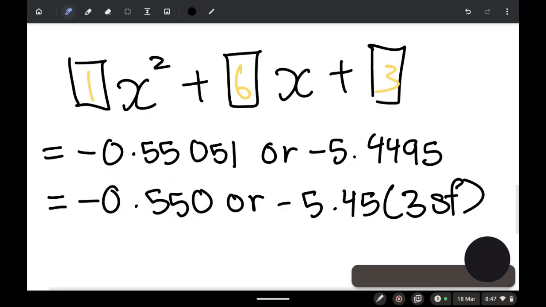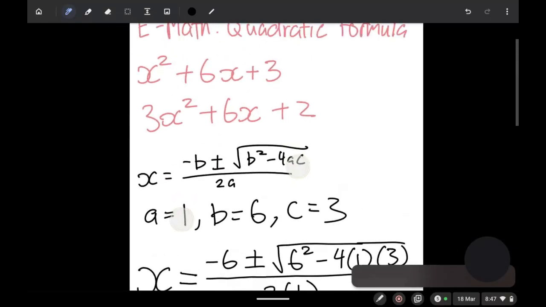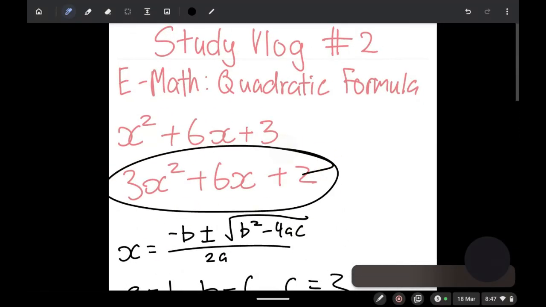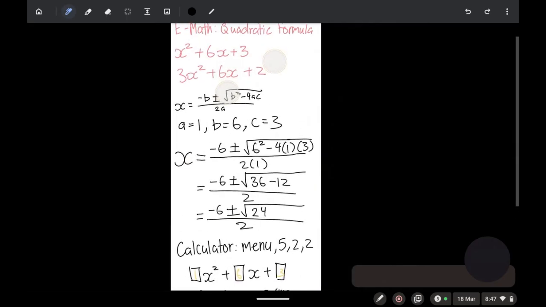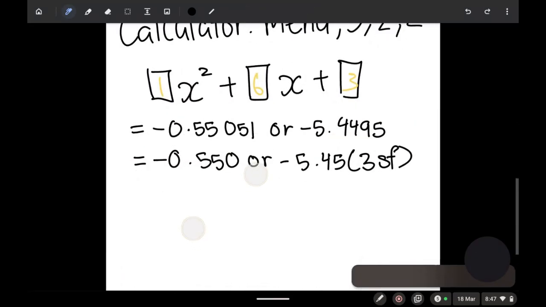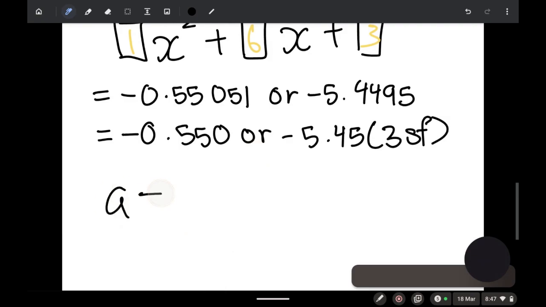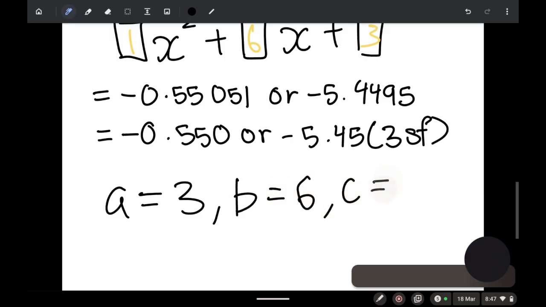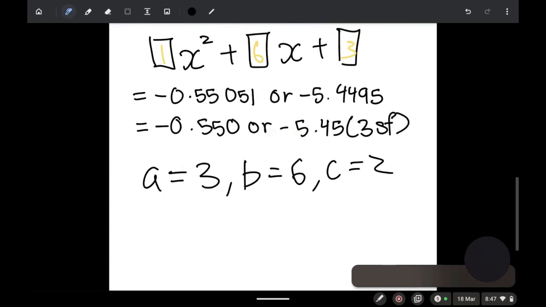Okay. So let's try this question. It's about the same thing, just that A equals to 3, B equals to 6, and C equals to 2. Okay, so let's key it in the calculator again. So we write 3x squared plus 6x plus 2.